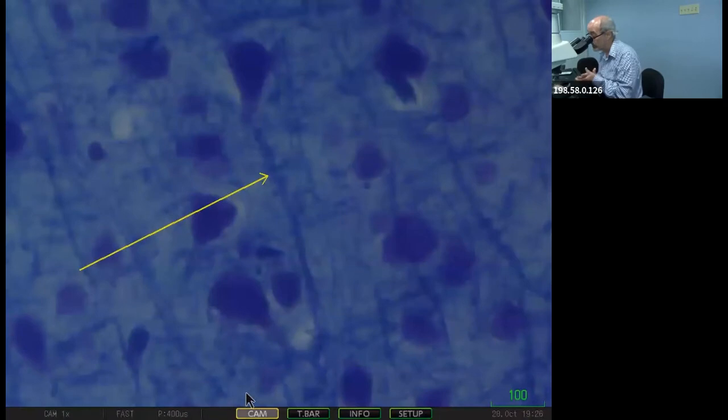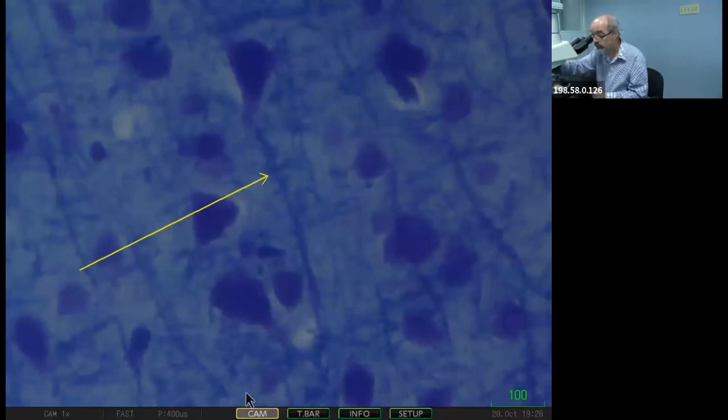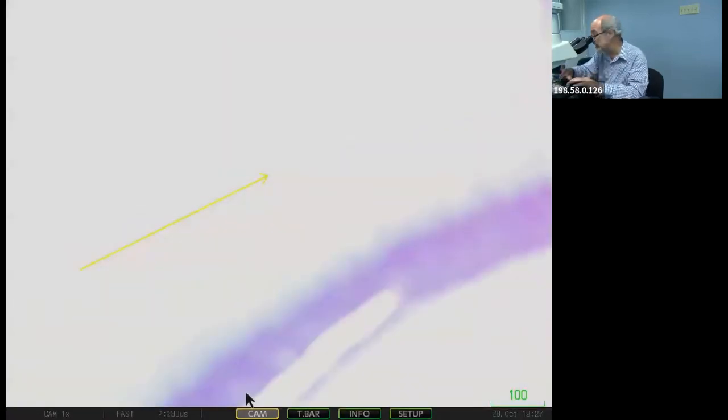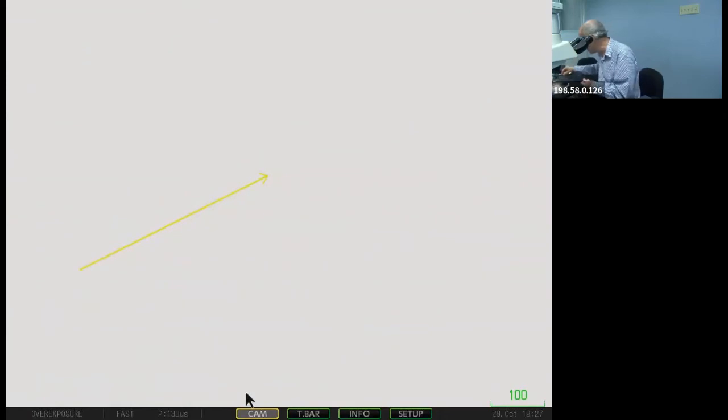So you can get them on this fiber. We don't know exactly, it's probably a dendrite. So just to show you that you can use different methods to stain different structures in your brain.